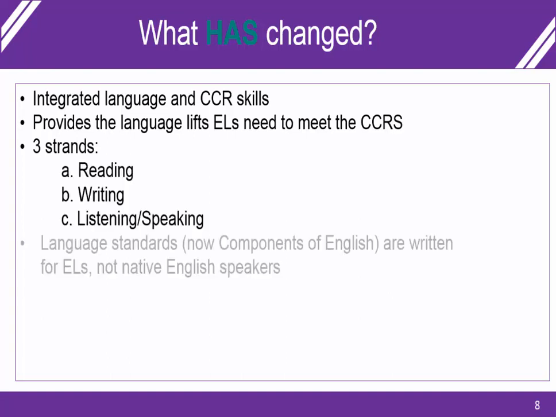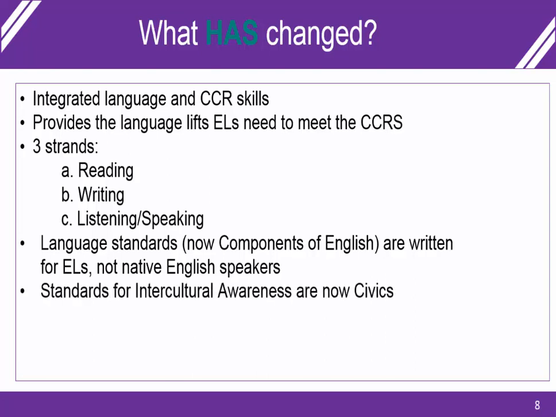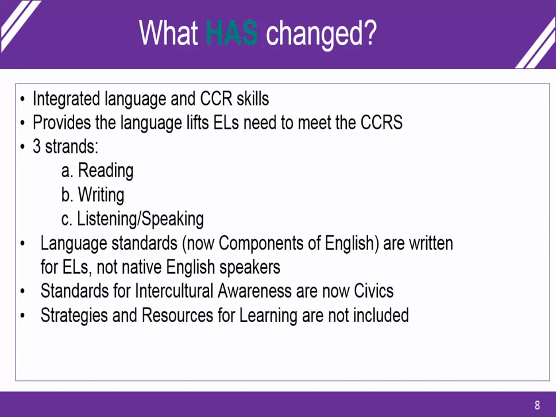The language standards from the CCRS are now called the components of English in the new standards, and they're written for English learners, not native English speakers. The unleveled standards for intercultural awareness from the Massachusetts curriculum framework have been updated to emphasize civic awareness, and they're now called civics. The strategies and resources for learning standards were considered not specific to English learners and so were not included in the new standards.